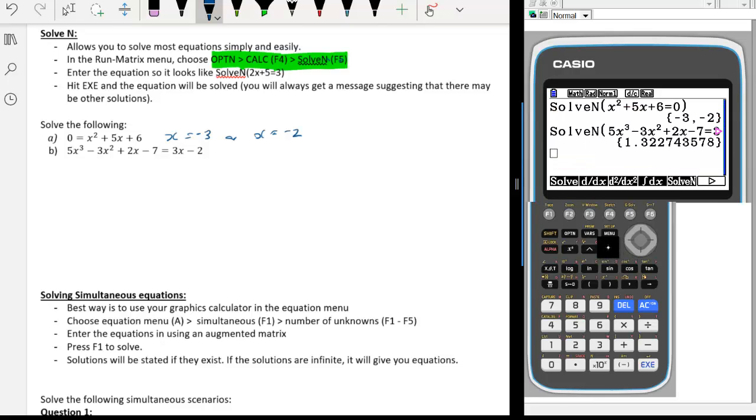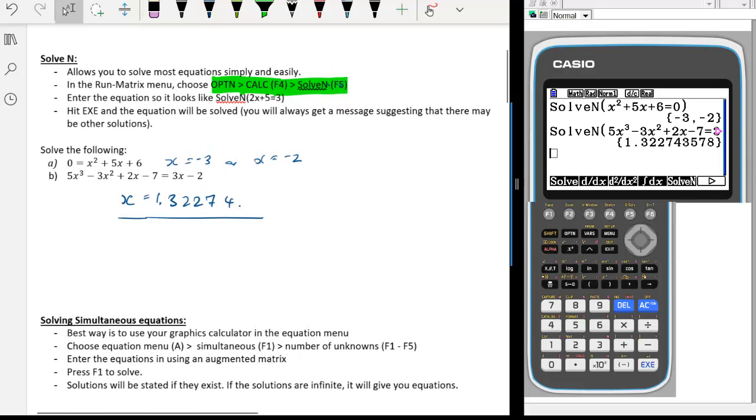In this case, for this cubic, there's only one solution. So x is equal to 1.32274. Alright, solve_n is a good way to solve something when we have a tech active question and you just want to get the solution to something, some equation that's rather basic. So that's solve_n, a very useful option in your graphics calculator.